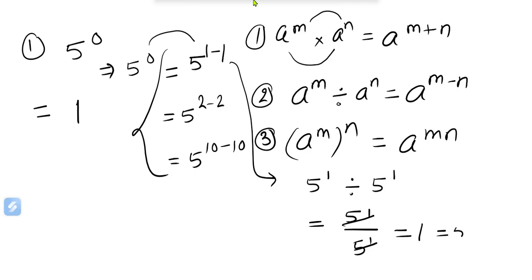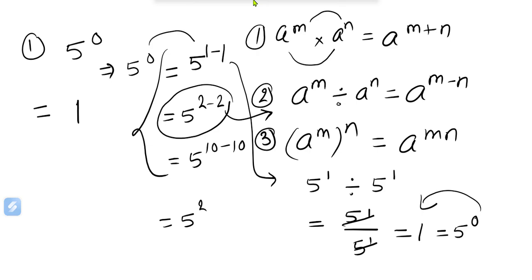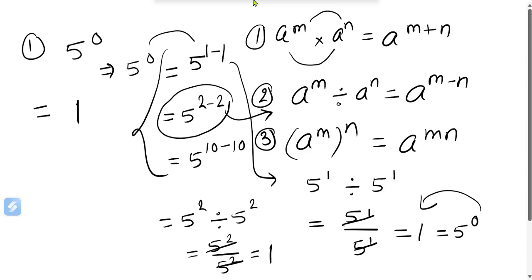That's why 5 power 0 is 1. The same rule applies to this one also. If you compare this with this law, that is simply 5^2 divided by 5^2 itself, which is 5 square divided by 5 square. So they cancel each other and then 1.